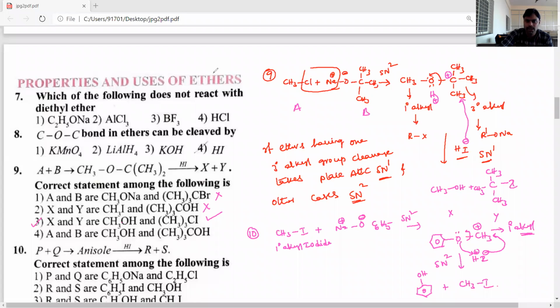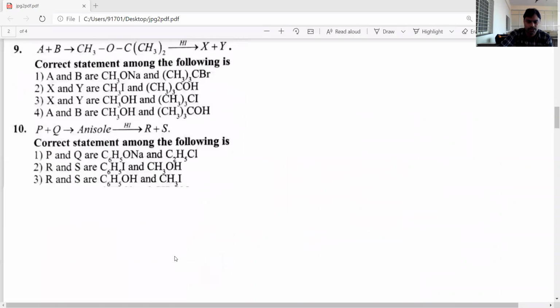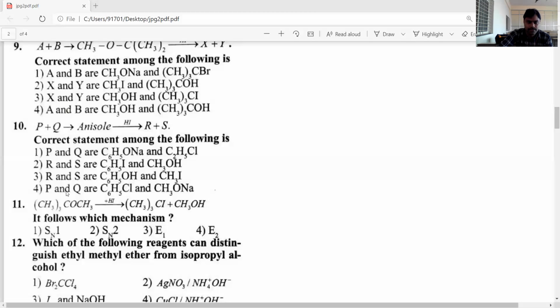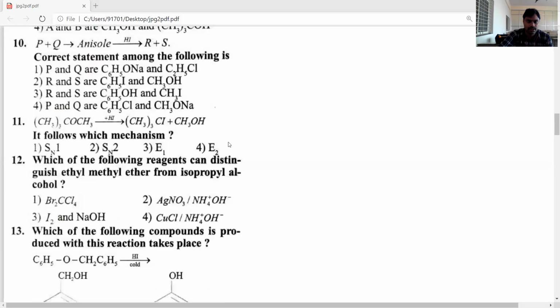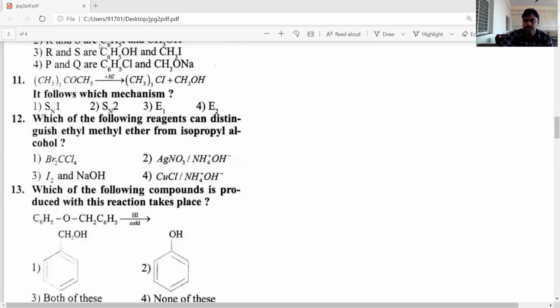So the answer is the D option. R is C6H5OH and S is methyl iodide. The third option is correct.